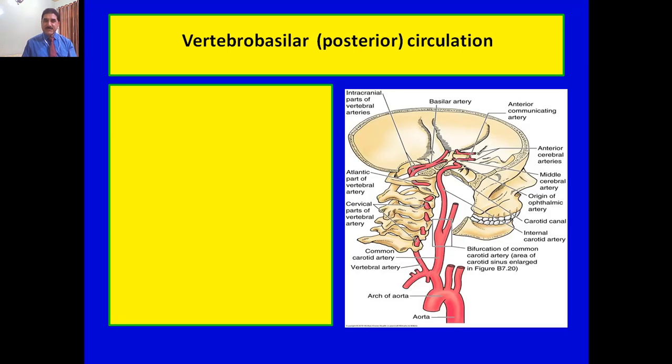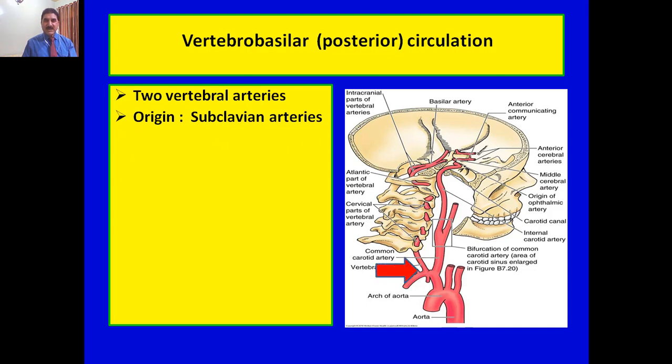Posterior circulation. Posterior circulation is also called vertebrobasilar circulation. It is formed by two vessels, which we call the vertebral arteries. Vertebral arteries originate from the subclavian artery, one on the right and another on the left side.